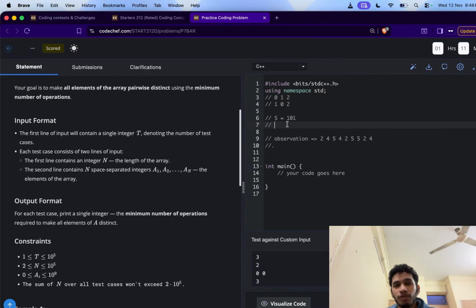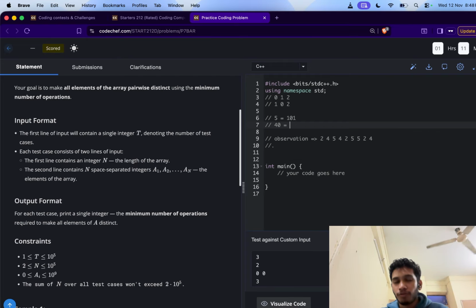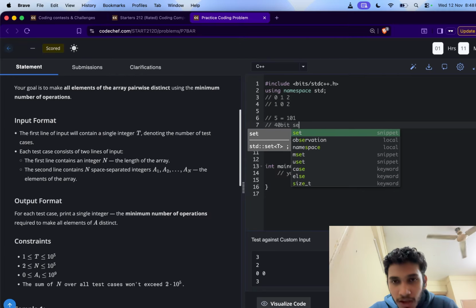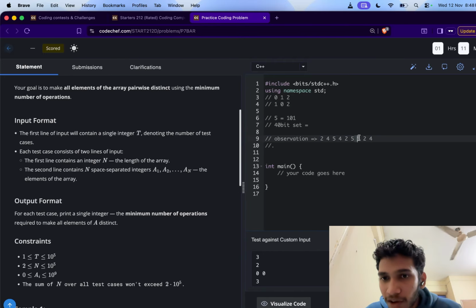And we just set the 40th bit of 5. Then we can never have two numbers giving, first of all, what do we have? The 40th bit set for 5. We have a huge number, and it is obviously not equal to 5.